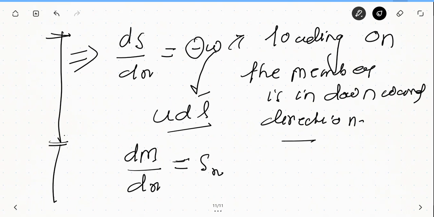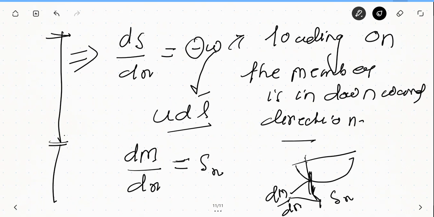Suppose this is a bending moment diagram, and at this section you calculate dM by dx, it will give you the value of the shear force at this section. Using these two concepts, it will be easier to draw bending moment diagrams and shear force diagrams and make an analysis based on the curve tracing concept for SFD and BMD.